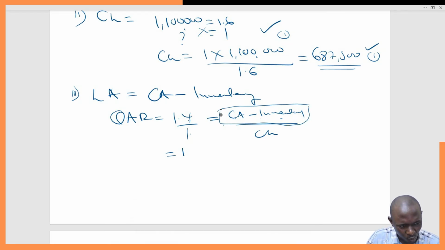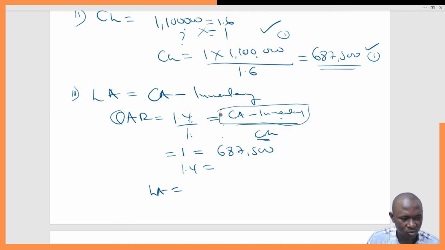If current liability is 1, then the question is what is 1.4? We know the value of current liabilities: 1 is equal to 687,500. It's here: 1 is current liability, and current liability is this. So if 1 is this, what is 1.4? Just that, and then we'll be done.